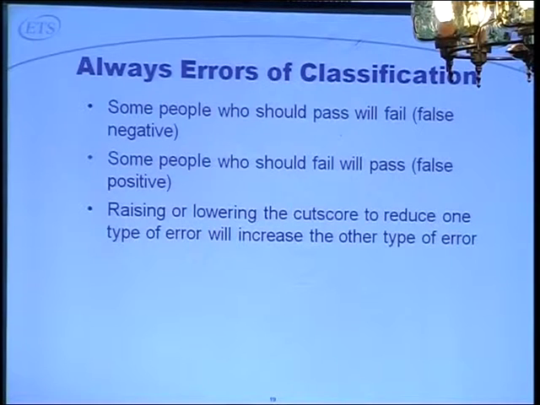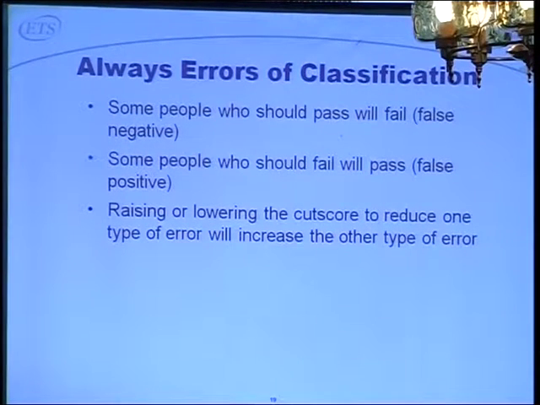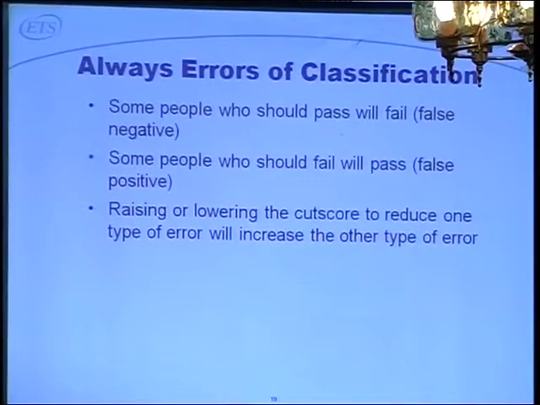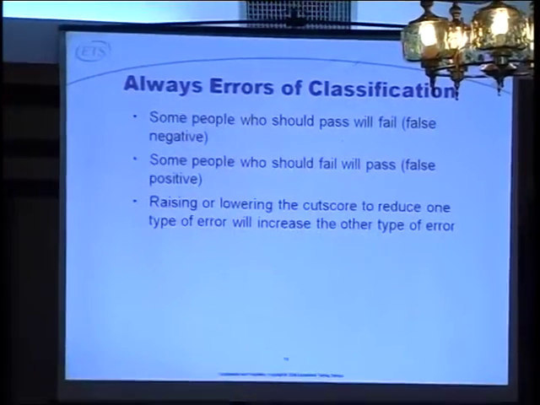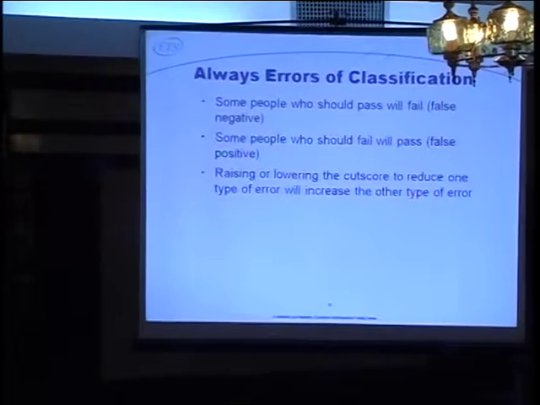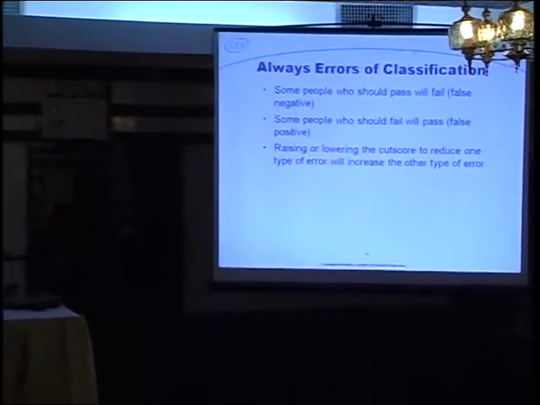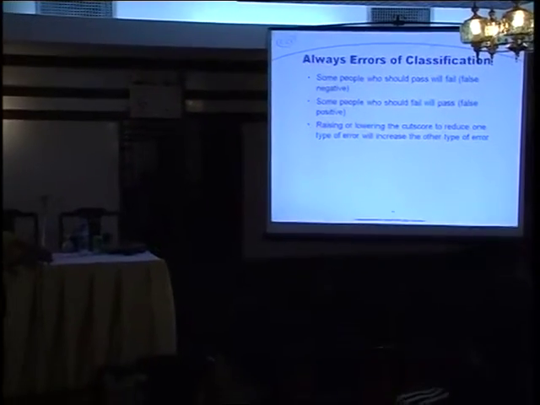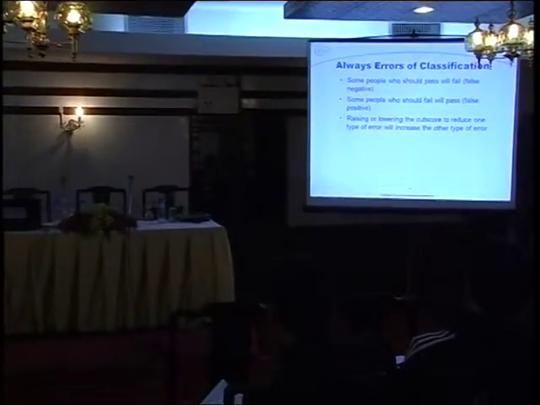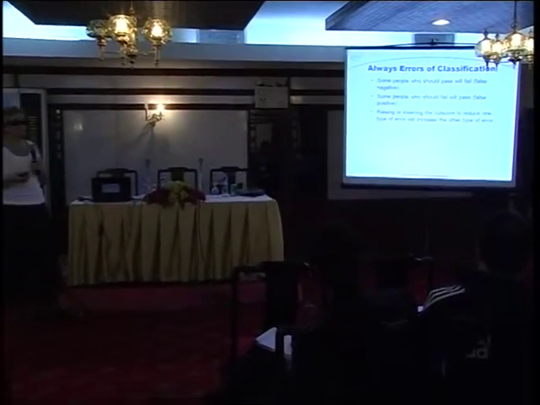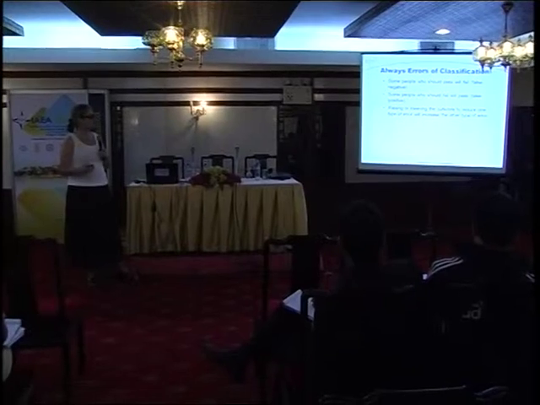Now, when we make a cut score, because it's a judgment and we do not know who really should pass and who should fail, because if we did, we wouldn't need to do a study, we would already know. But if we were God and we knew who should pass and who should fail, some people who should pass will fail, which is a false negative.